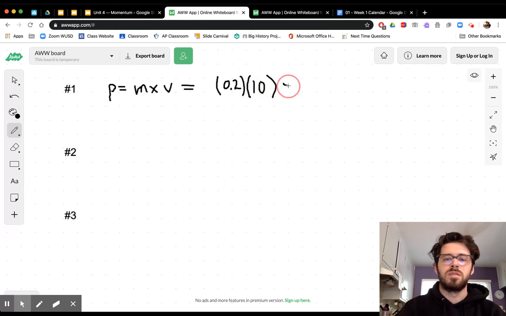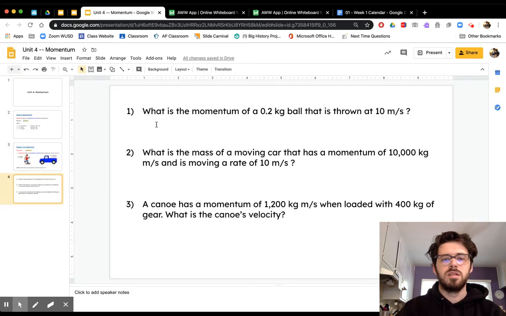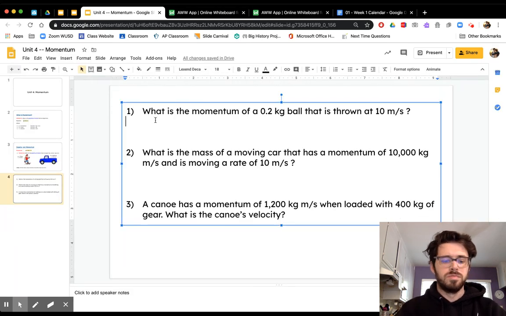Hopefully you can do that in your head. That will be an answer of 2 kilograms meters per second. So that will be our first answer. Let's write it in over here. 2 kilograms meters per second. We'll highlight that right there.